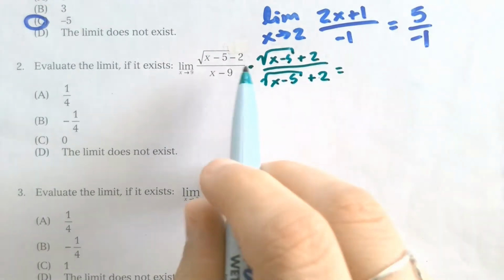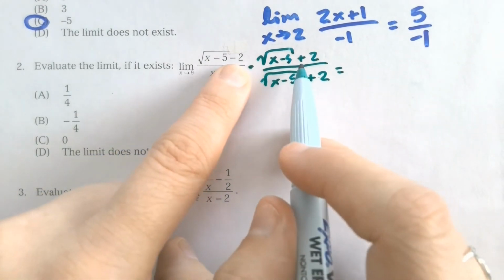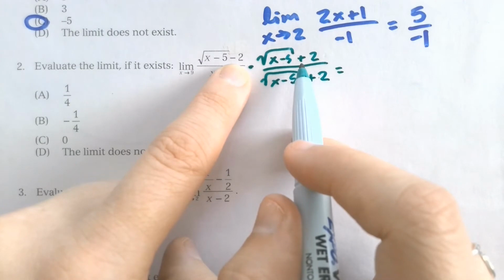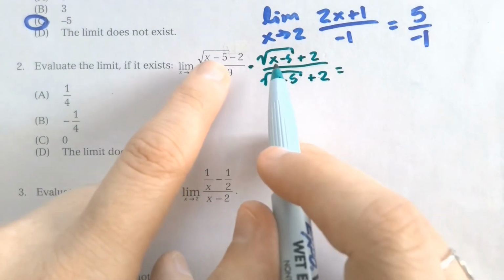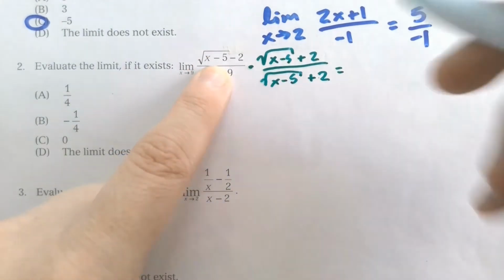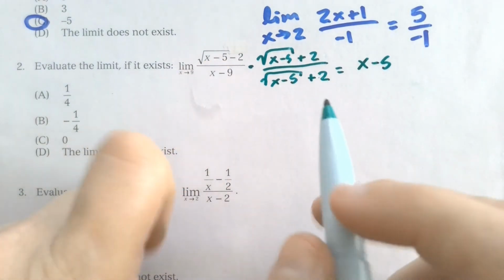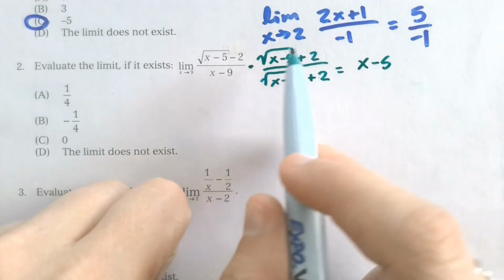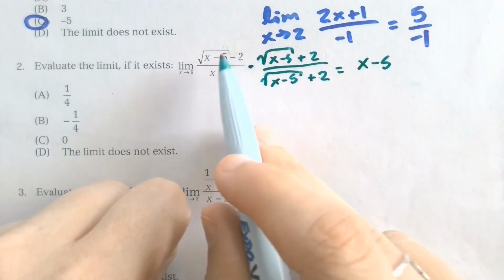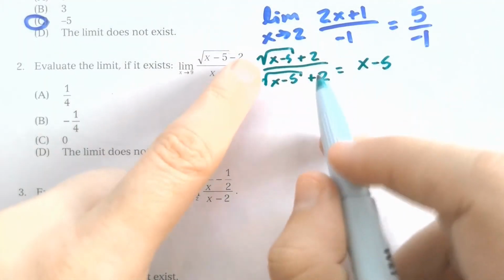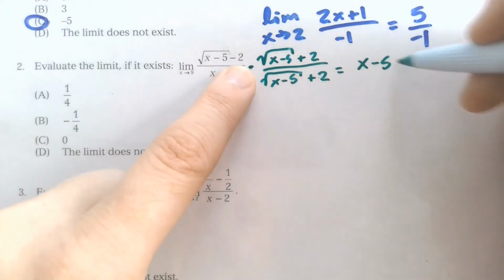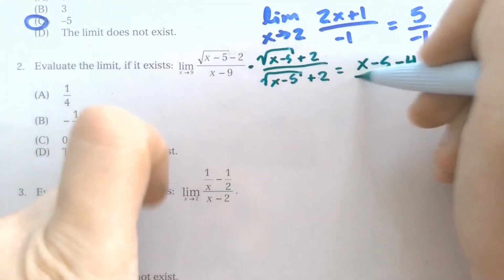So what's going to happen in the numerator is that since they're going to end up being a difference of squares, when I FOIL, I will end up with radical x minus 5 times radical x minus 5, which is just x minus 5. My middle terms are going to go away, my 2 radical x minus 5 and my negative 2 radical x minus 5, and then I'm just left with that negative 2 times 2, so negative 4.